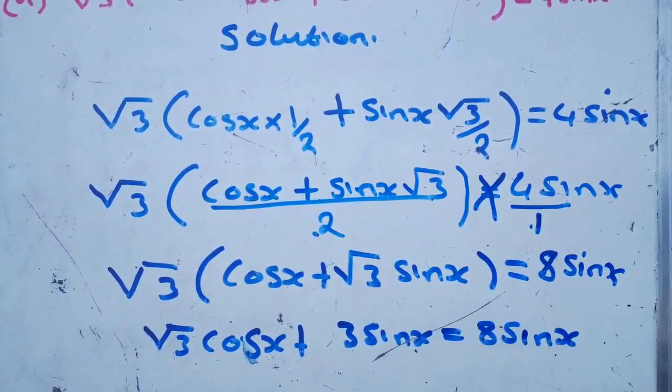Now you can see that 3 sin x and 8 sin x are like terms, so you collect the like terms. When 3 sin x crosses the equal sign, its sign changes to negative.